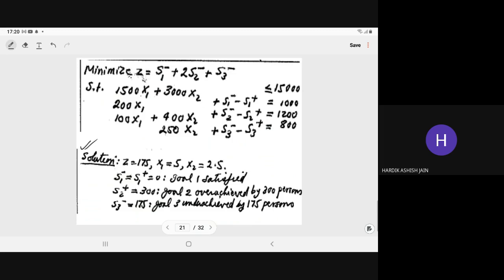S2 plus is 300, goal overachieved by 300, and S3 minus is equal to 175, goal 3 is underachieved by 175. Actually, they have not mentioned anywhere that x2 is an integer.